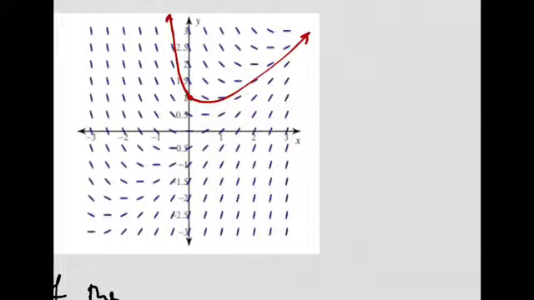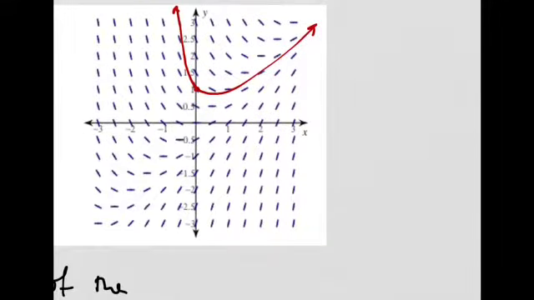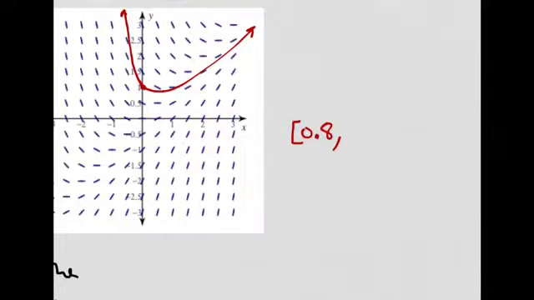But if I had to guess, if it started at (0, 1), I might say the range would be somewhere in between, like 0.8 or something. I'm just going to say including 0.8. This is a guess because this is a bad question to be precise with. And then it looks like it goes all the way up into infinity.